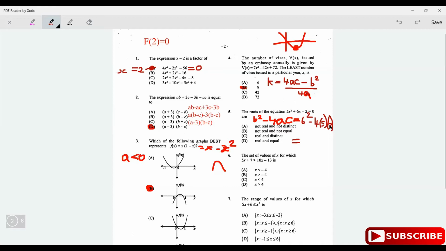And I'll just put it in the calculator to make it easier on us. I'm getting 76. Since I'm getting 76, it means that the roots are real and distinct. Nice and easy.